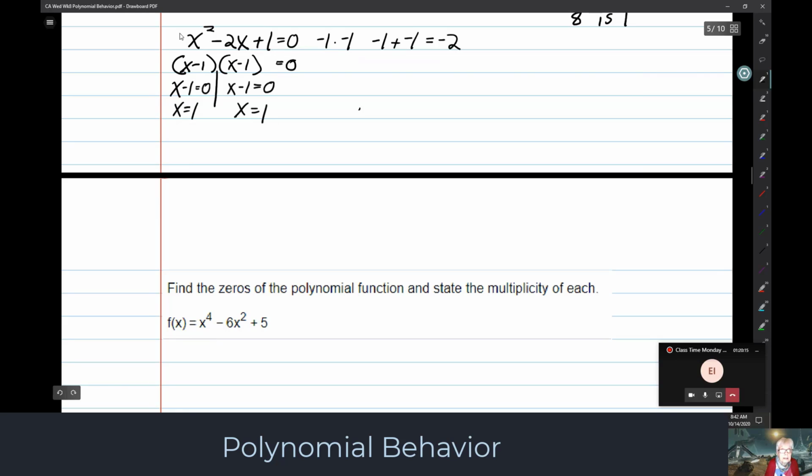If we call this f of x, and we set it equal to 0 and solved for x, there is 1 zero of f of x, but it occurs twice.